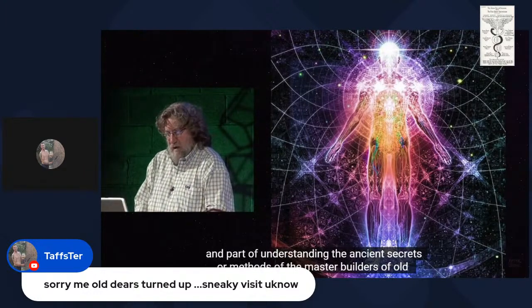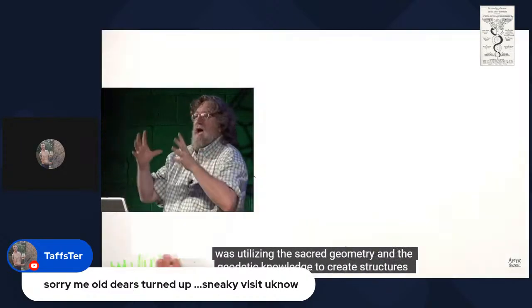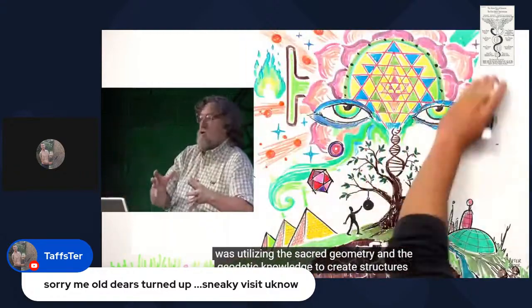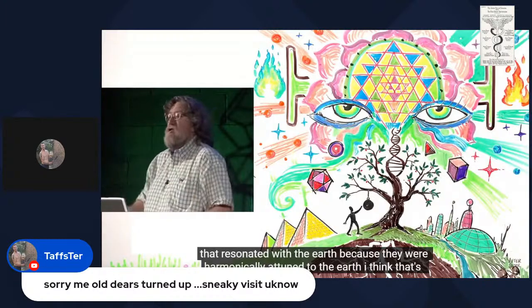And part of understanding the ancient secrets or methods of the master builders of old was utilizing the sacred geometry and the geodetic knowledge to create structures that resonated with the Earth because they were harmonically attuned to the Earth.